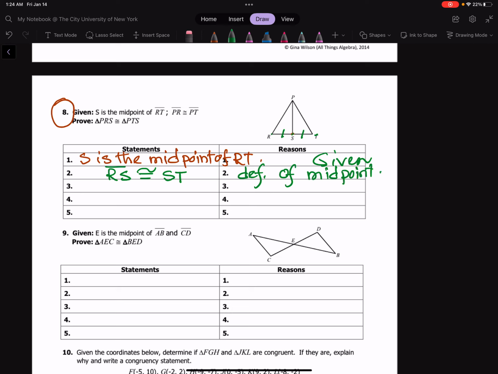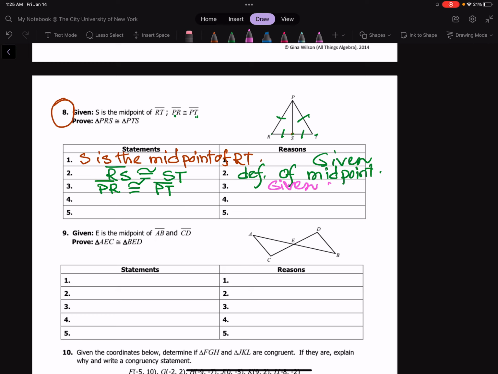And then we are also given PR is congruent to PT. So we say PR is congruent to PT, and that's given to us.